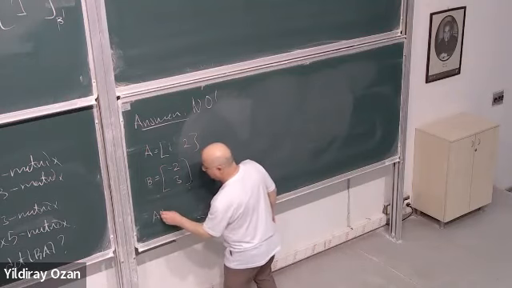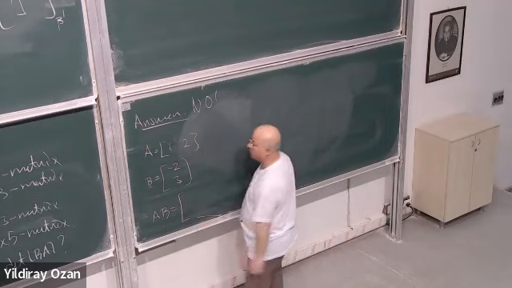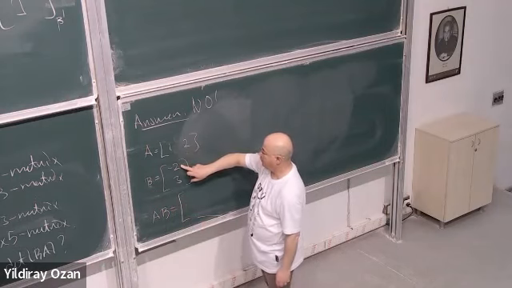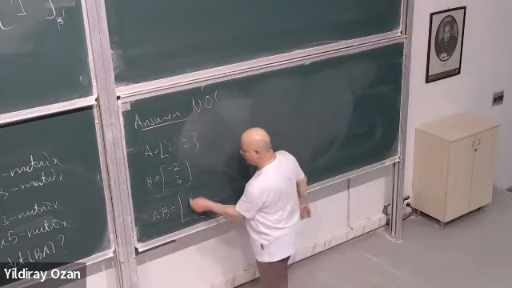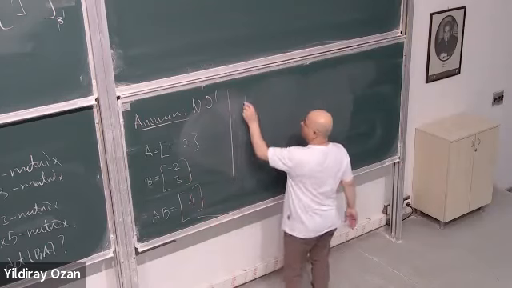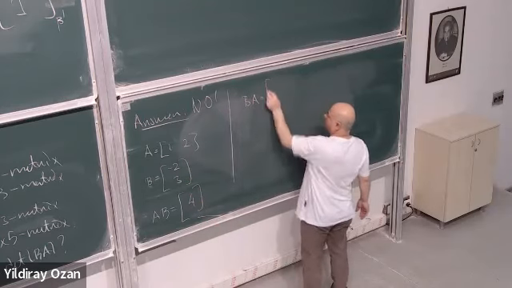A times B is what? A times B is 2 minus 2, this is just 4. B times A, okay.